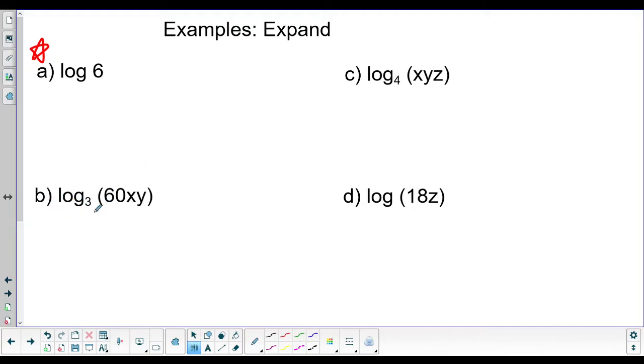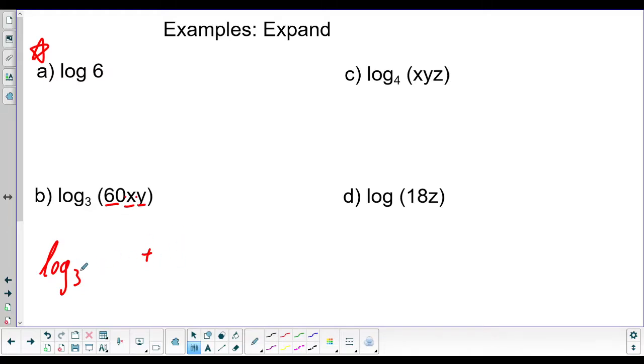For b, our log is base 3, so we're going to set this up with log base 3 plus, how many terms are in our argument? Well, we have 60 times x times y. Because there are 3 pieces to our term, we're going to separate this into 3 logs.